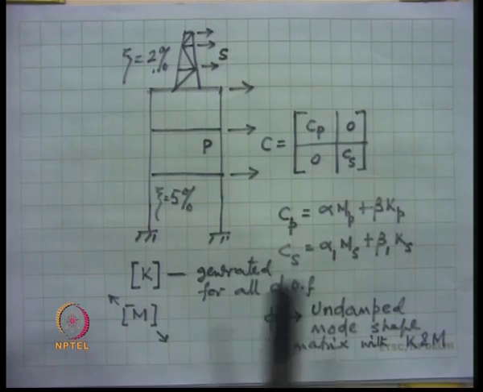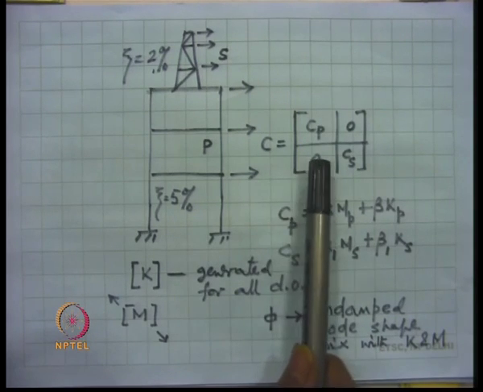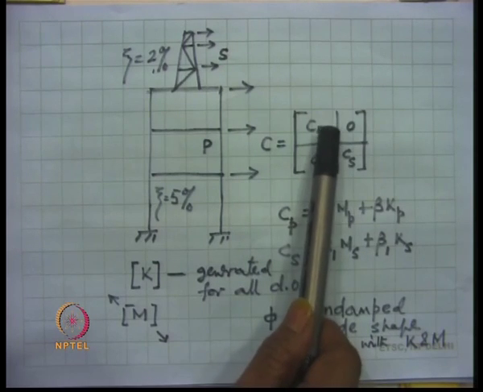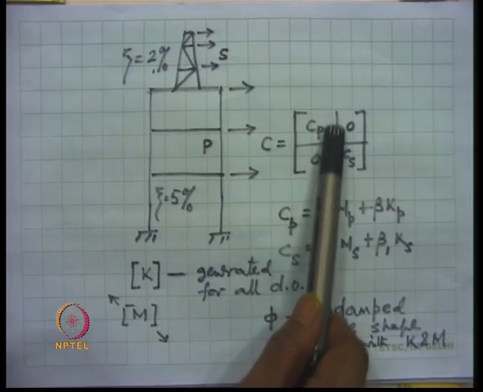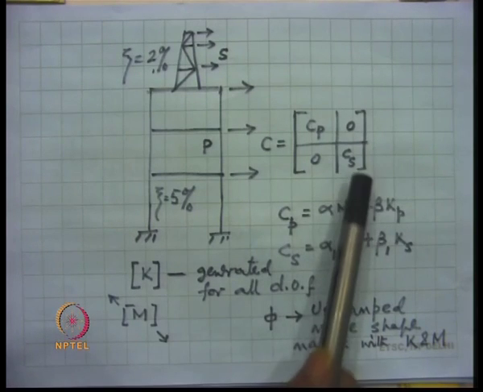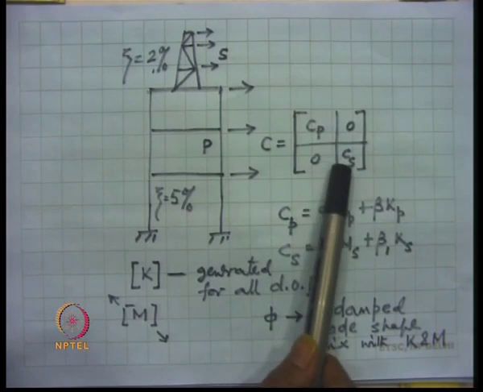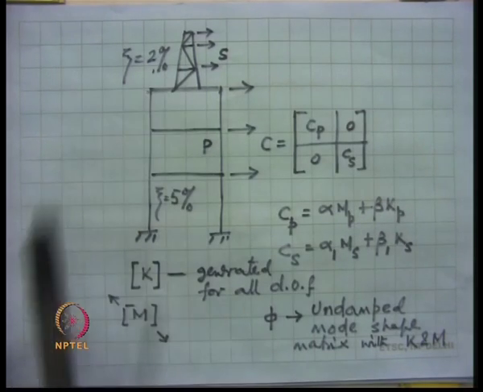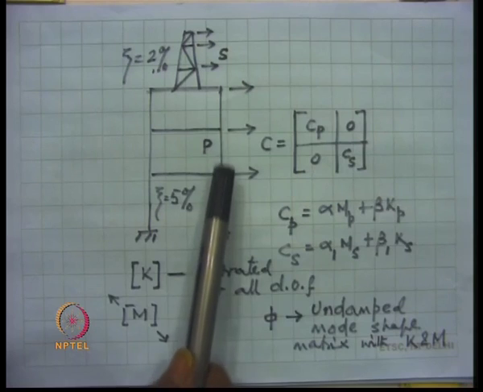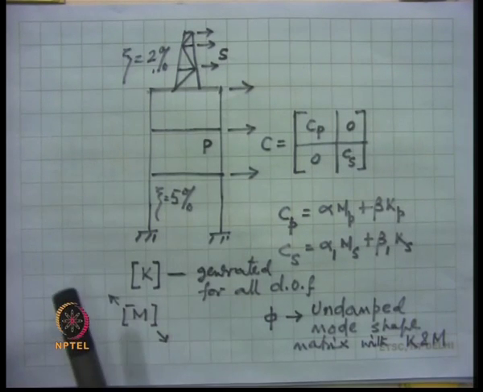obtained first. So, in this case, the C matrix is obtained by first obtaining the damping matrix for the primary structure, and separately obtaining the damping matrix for the secondary system. So, here say the main structure has 3 degrees of freedom.